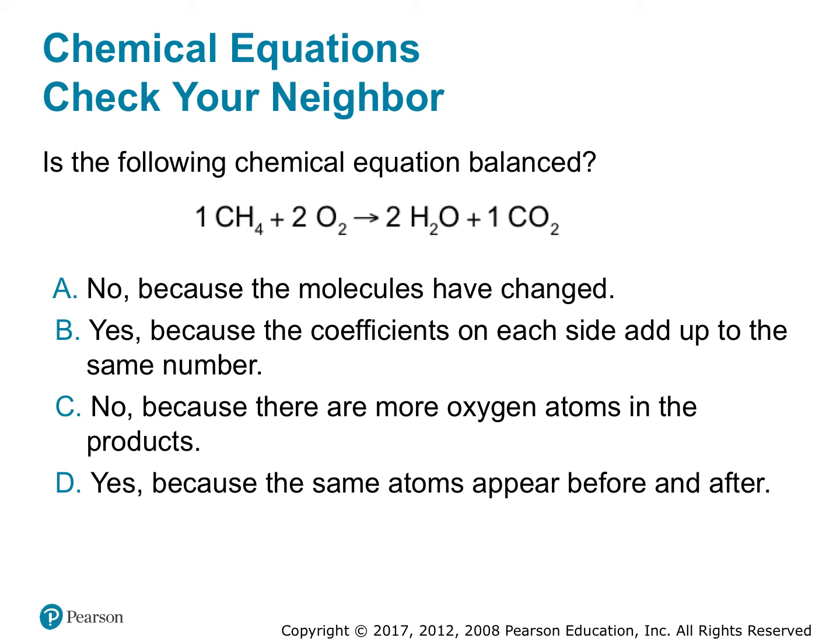I've got one molecule of CH4, that's actually methane, combined with two molecules of molecular oxygen, that's two oxygen atoms bonded together, so I've got two of those, and they have a reaction, they combine together and rearrange, and then after that happens, I end up with two molecules of water plus one molecule of carbon dioxide, CO2. And the question is the following chemical equation balanced?